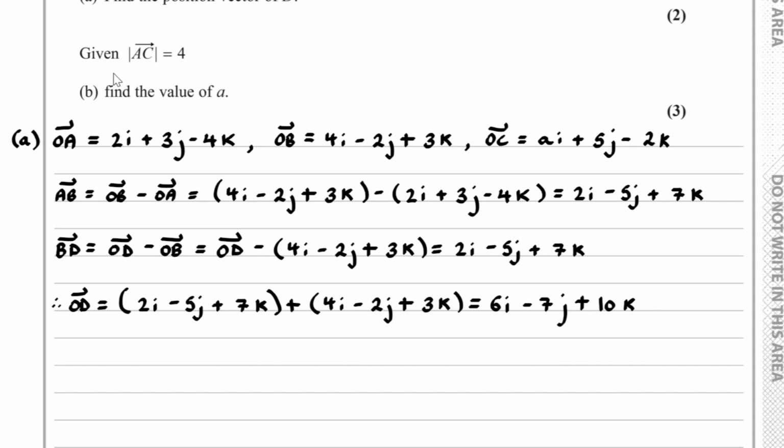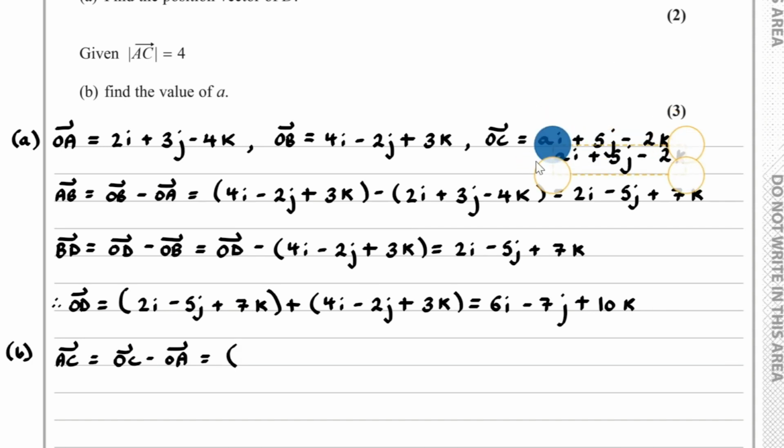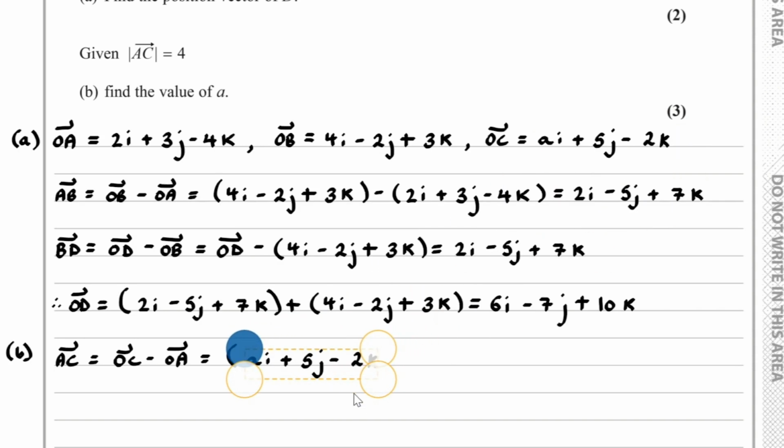Now for part B, we're given that the magnitude of the vector AC is 4 and we have to find the value of a. So for part B, we've got the vector AC, which is equal to OC subtract OA. So I've got the vector OC, which is this vector here, and then I subtract the vector OA, which is this vector here.